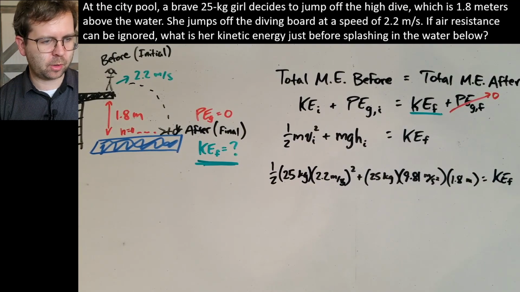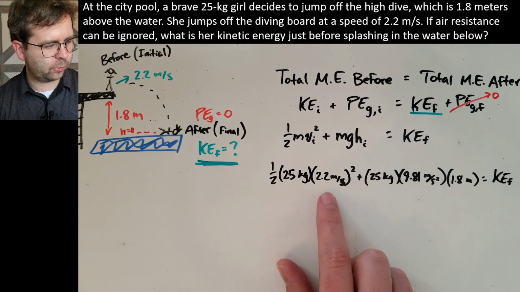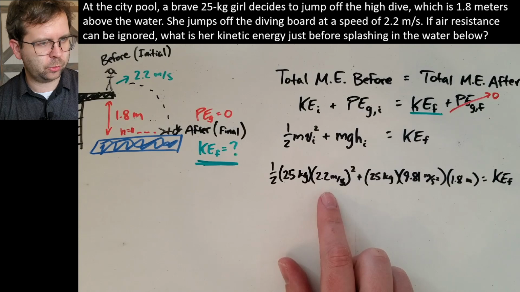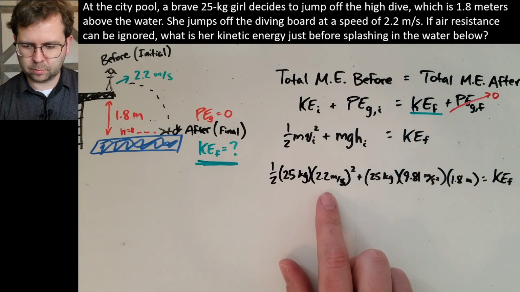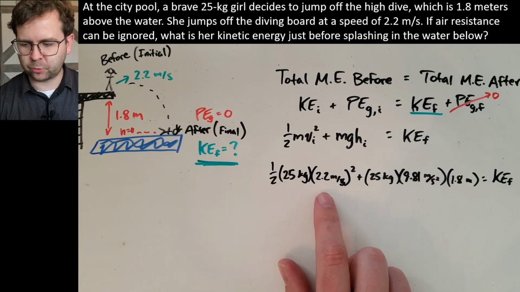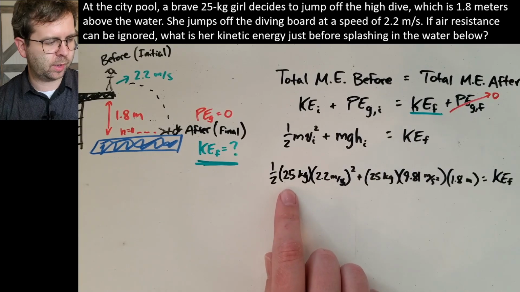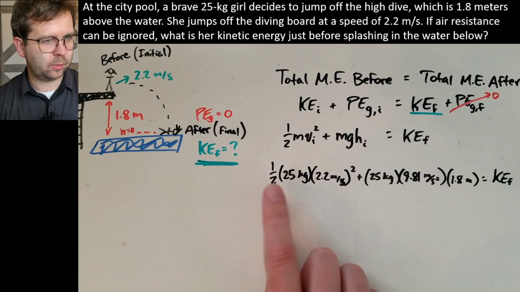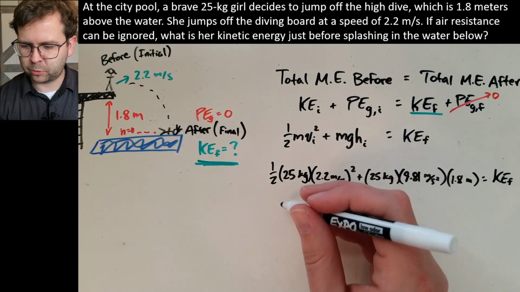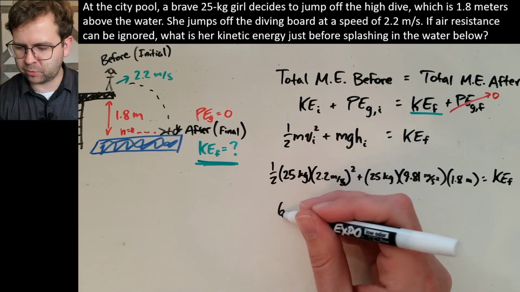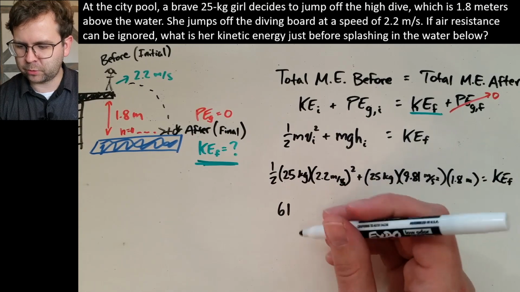So now we grab our calculator and we're going to do the squaring first. 2.2 times 2.2 is 4.84. And I'm going to go ahead and multiply this 4.84 by 25 and by 1/2 as well. That leaves me with, rounded to two significant figures, 60.5, which I'm going to round to 61.